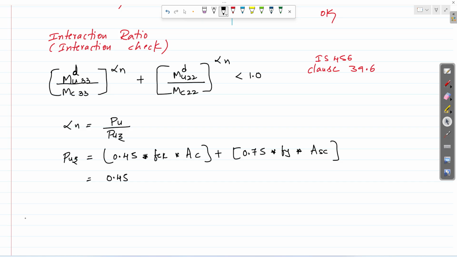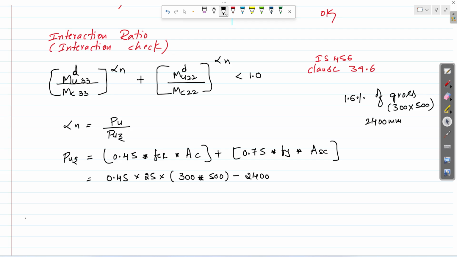So 0.45 multiplied by fck 25, Ac is the area of the column, 300 multiplied by 500, from which you remove the area of steel. For 1.6% of gross, your column is 300 by 500, so you will get an area of steel of around 2400 mm square.